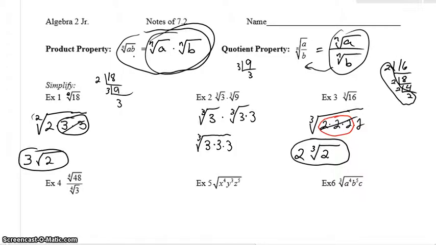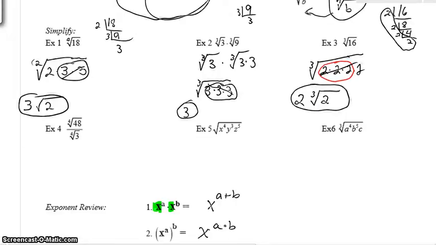And now we really have our cube root, and we can say, well, do we have 3 of the same number, or 3 of the same variable? And we do. I can very simply take one of those out. You might notice there's nothing remaining, meaning there's no need to write a radical anymore. There is no more radical. The answer, plain and simply, is a 3.